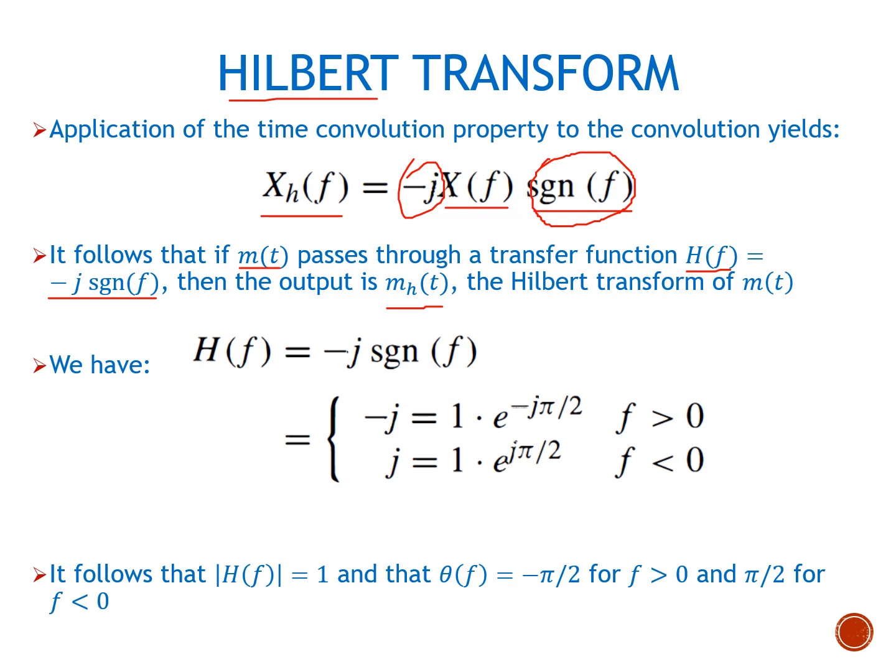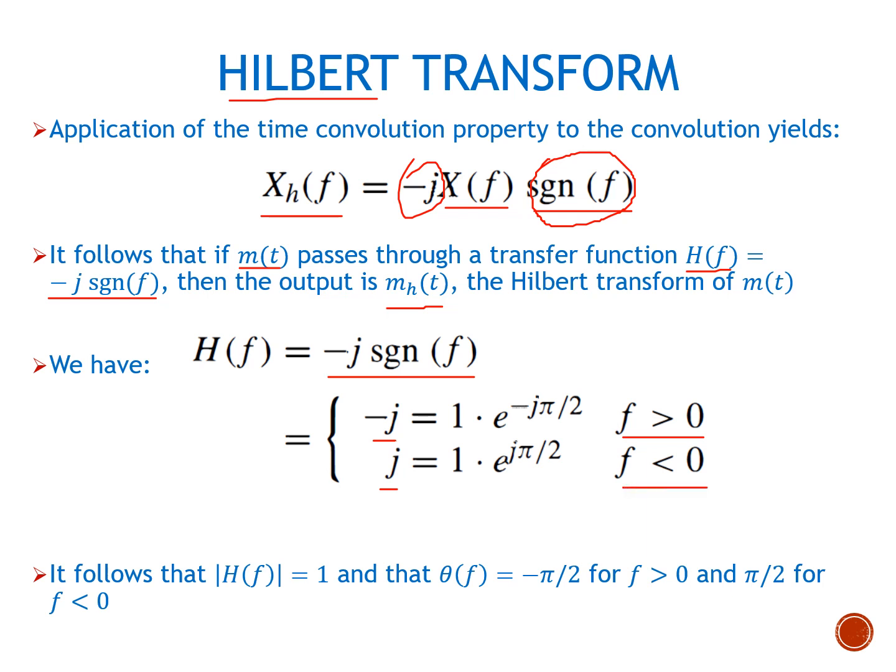Now if we write the expression of this H(f), it's equal to minus j sign of f, which means it's equal to minus j for positive values of f, and it's equal to j for the negative values of f.